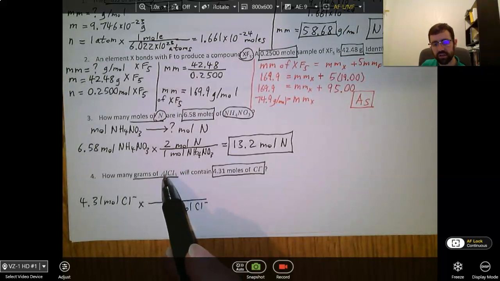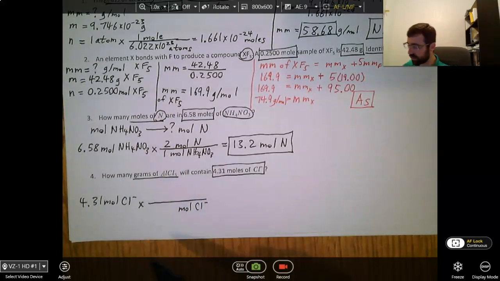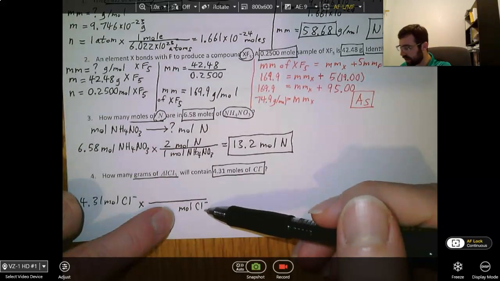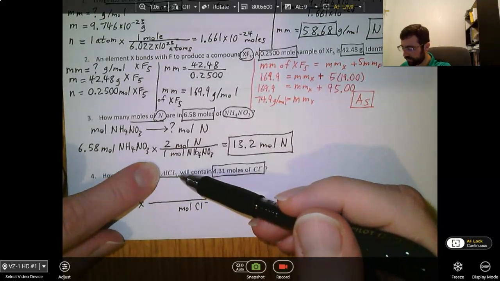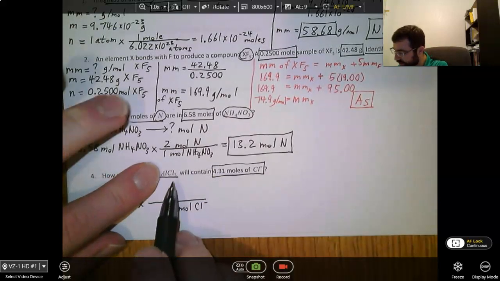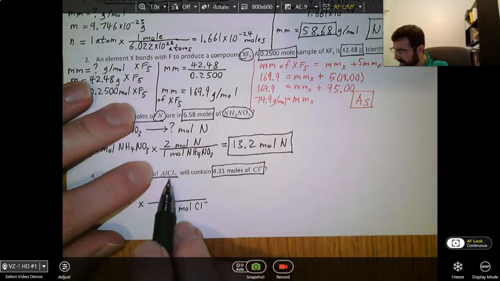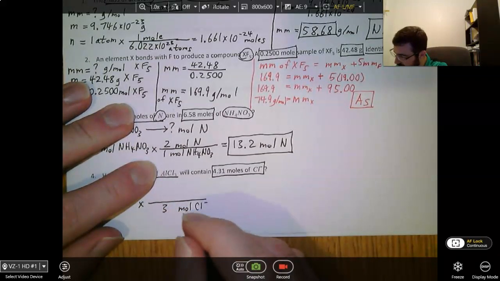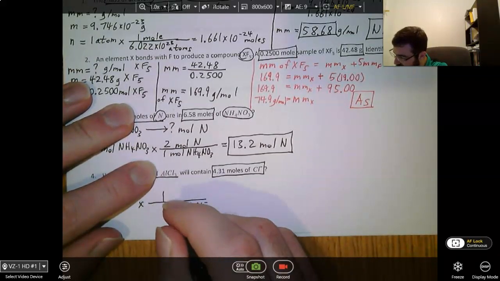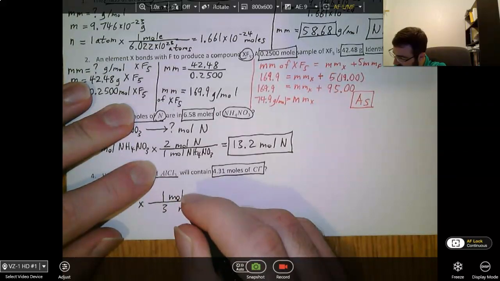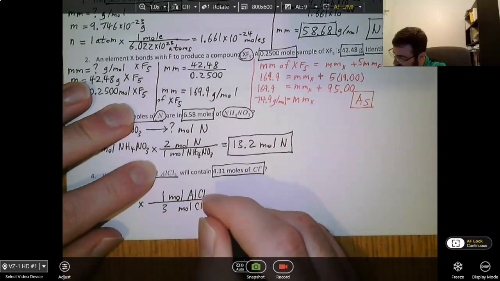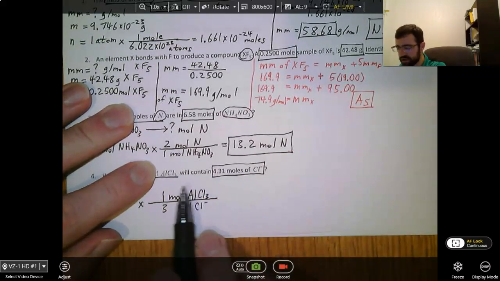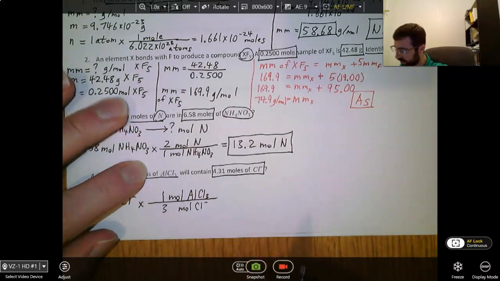So the next logical step would be to decide what's the relationship between moles of Cl minus and moles of AlCl3. Well, I see that I've got 3 chlorides in AlCl3. So there's 3 moles of Cl minus for every 1 mole of AlCl3. I hope that makes sense. If not, jot down your question and let me know how I can help you.